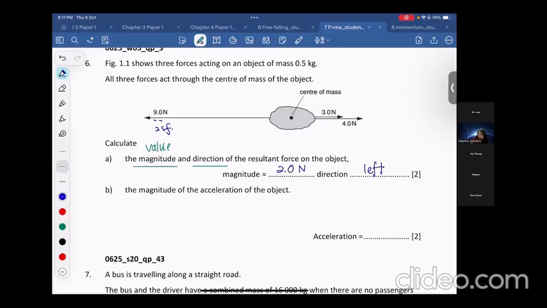Can you calculate the acceleration of the object? Okay, do your calculation right now, dear. Do the calculation for your acceleration.